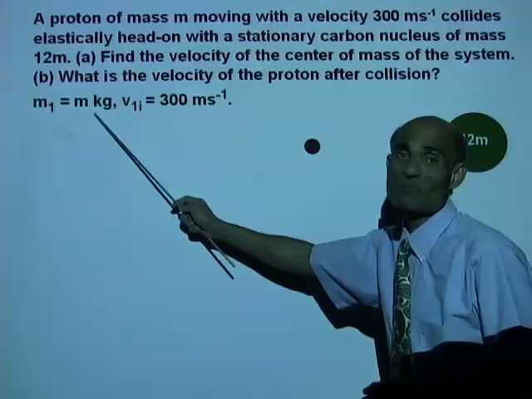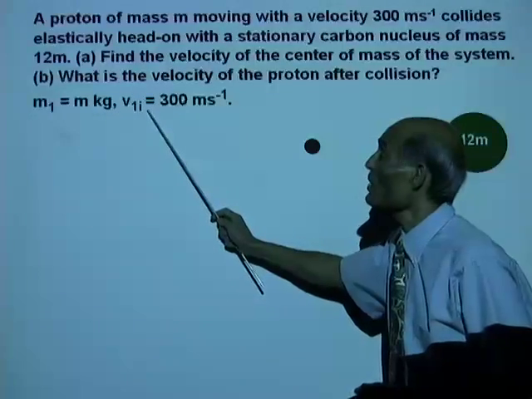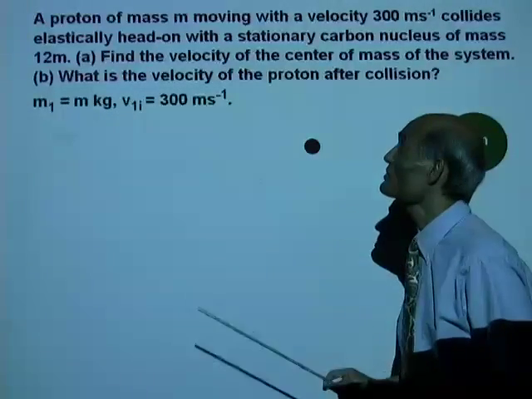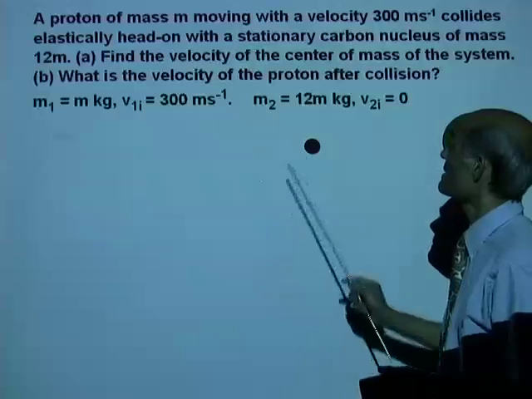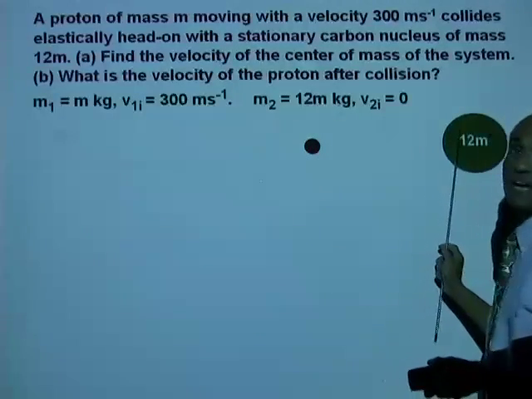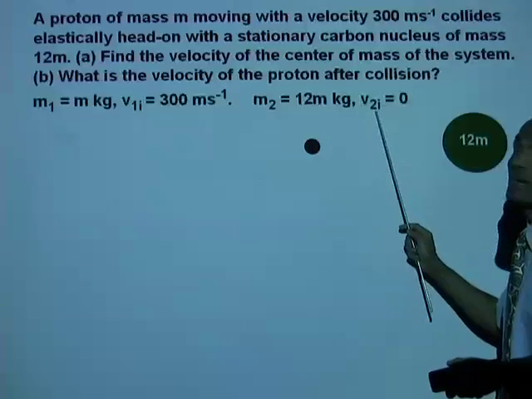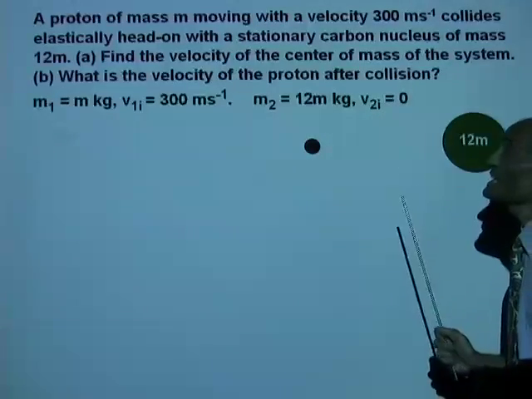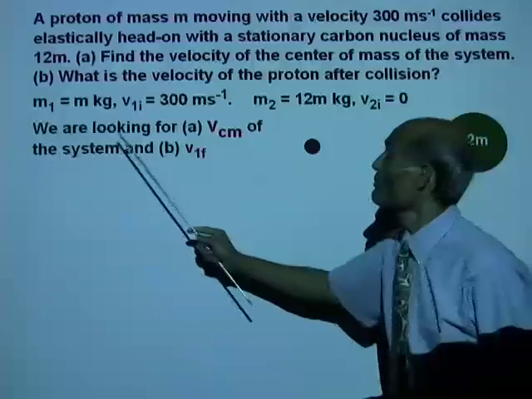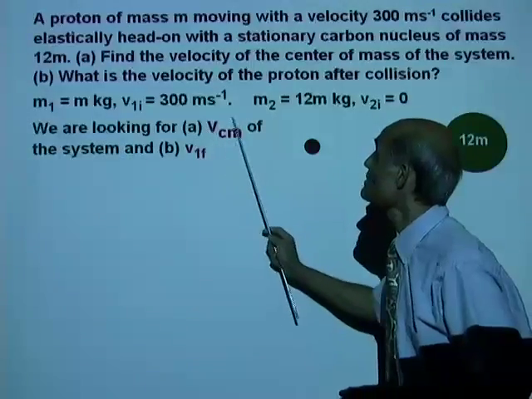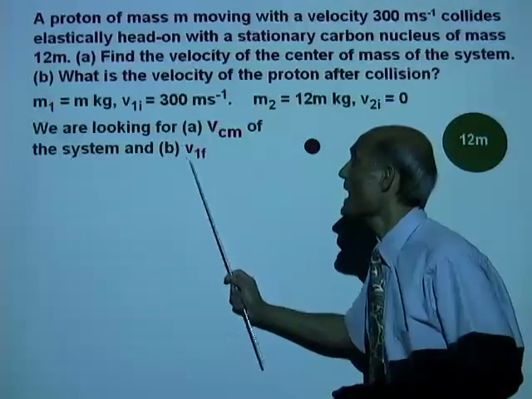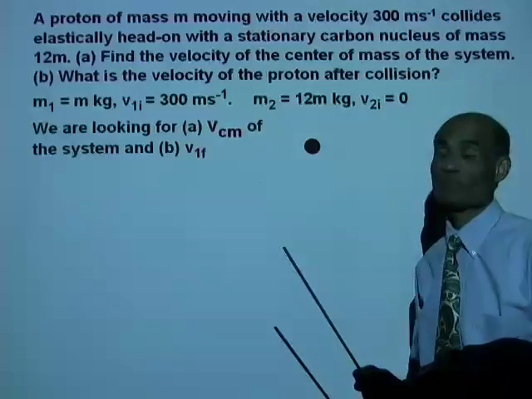It's enough to say m kilogram. Its initial velocity V1I is 300 meters per second. M2, the mass of the carbon, is 12 m kilogram. Its initial velocity is 0. We are looking for the center of mass of the system and V1F.